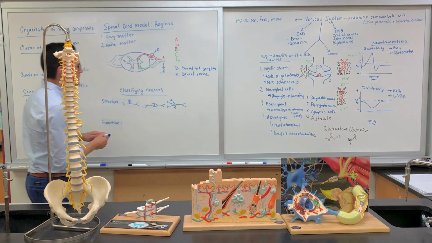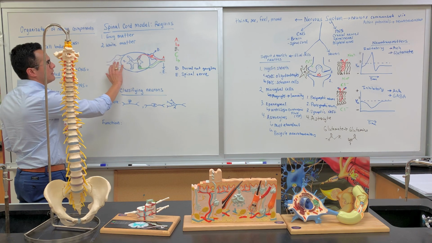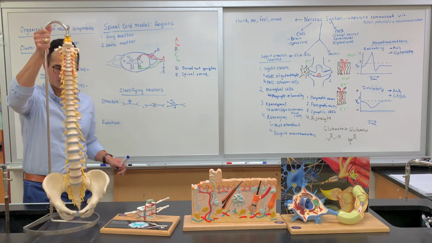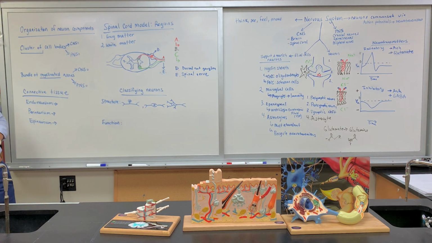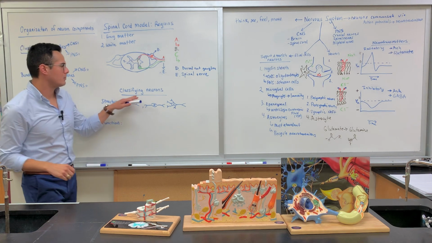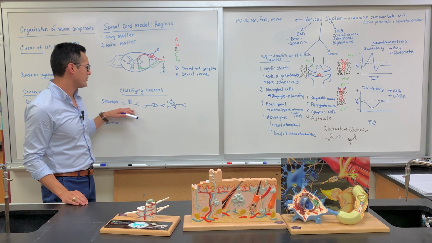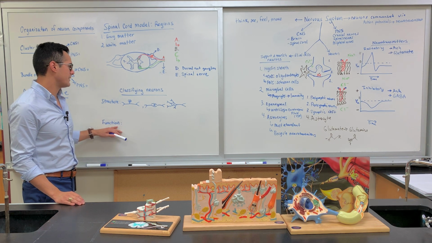Okay, so now that we've identified some of the basic parts of the spinal cord, let's discuss a little bit about classifying neurons. So I'm going to move this, put this here. We can classify neurons using a couple different categories. The first is structure, and the second is based off of its function.